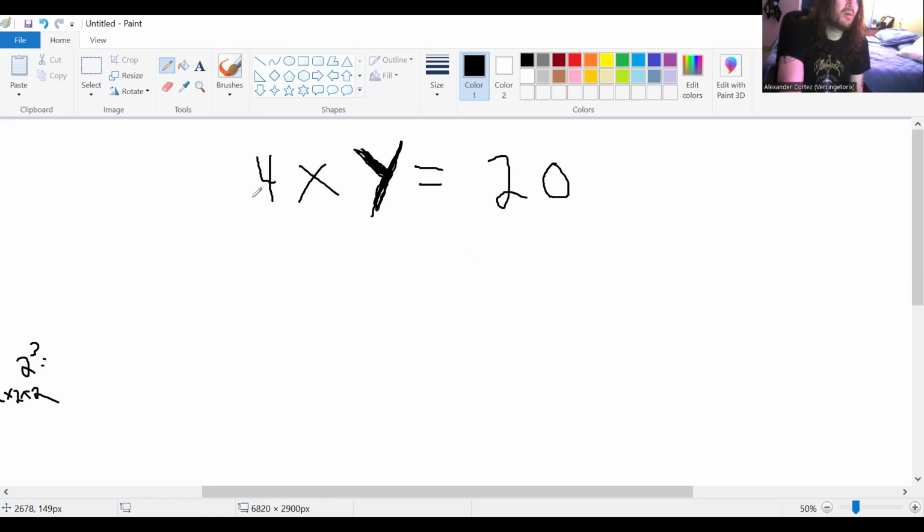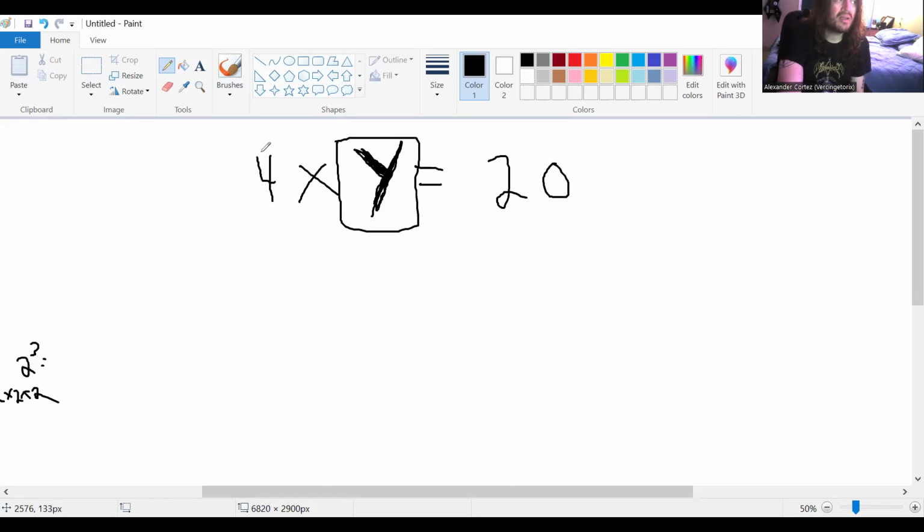So when it comes to stuff like this, the whole goal is to try to isolate this y, right? Because if we isolate the y, leave it alone on either side of this equal sign, then we can figure out what y is, right? So we have to take this 4 times this y, and we have to eliminate this, right?